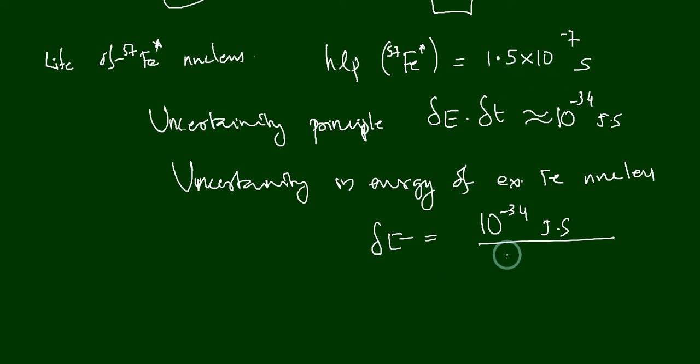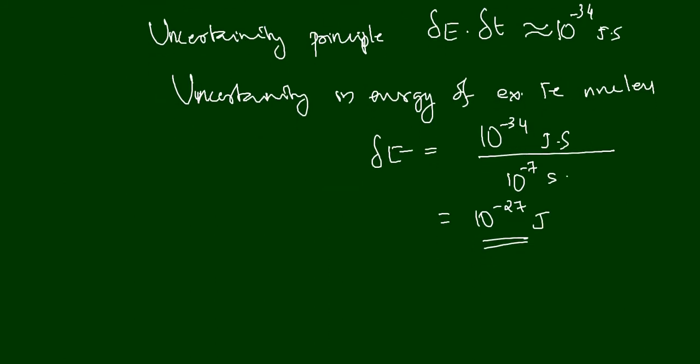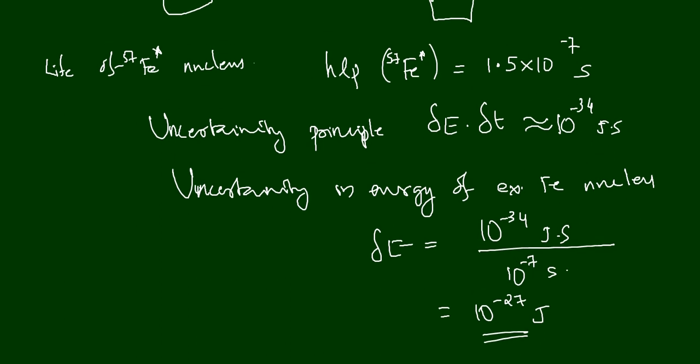Therefore, we can take delta T, the uncertainty in time, as 10 raised to minus 7 seconds. So 10 raised to minus 34 divided by 10 raised to minus 7 is 10 raised to minus 27 joules. That is the uncertainty in energy of the excited nucleus.